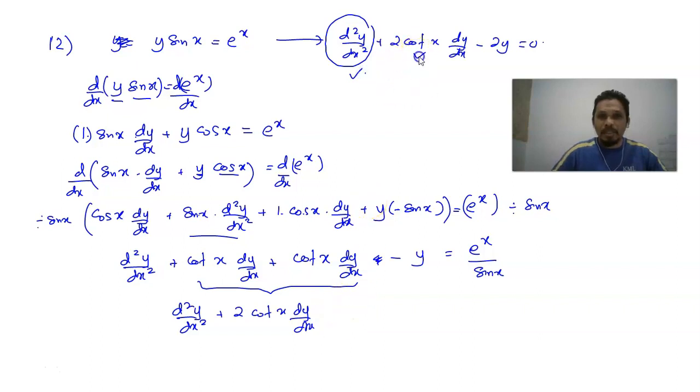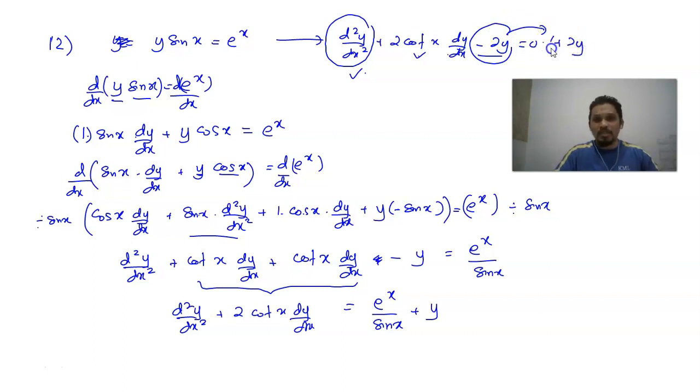We got this and this, and then minus 2y equal to e^x divided by sine x plus y. Or if I bring this one over, it becomes positive 2y, still the same.